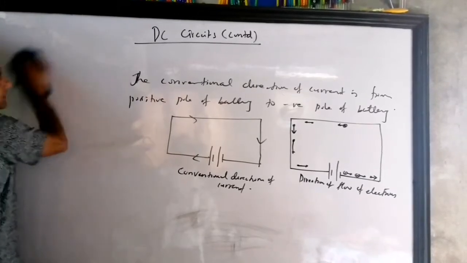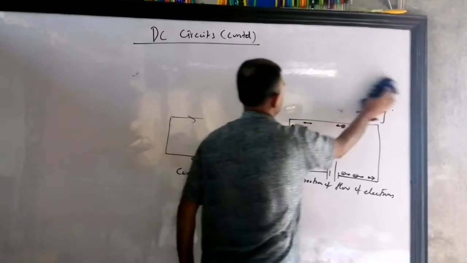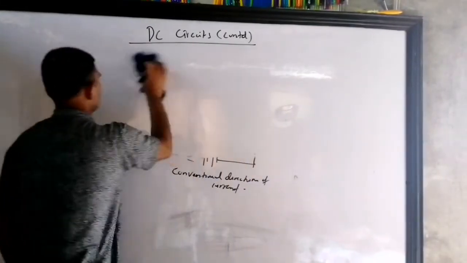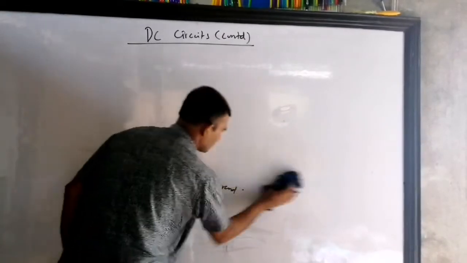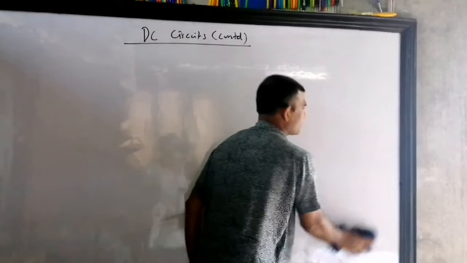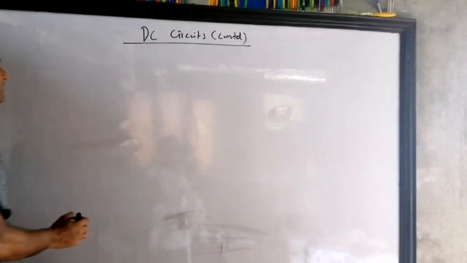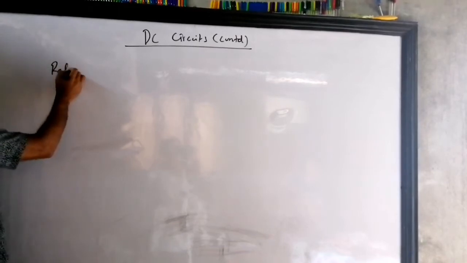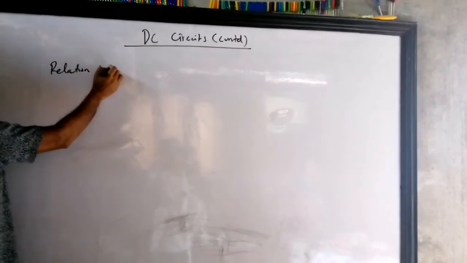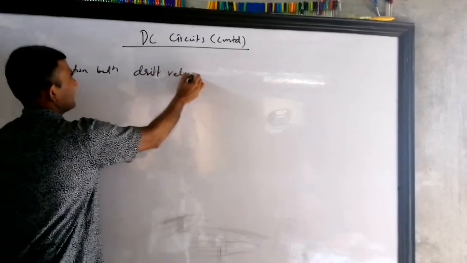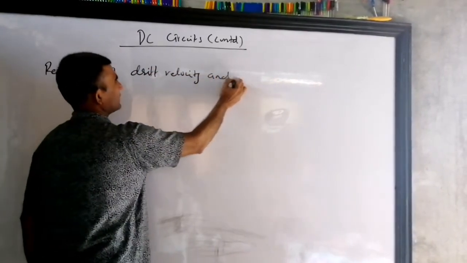The next topic is very important for you and for your examination. In the next exam, when your first term comes, this question is quite sure to come. What is the question? We have to derive the relation between drift velocity and current.